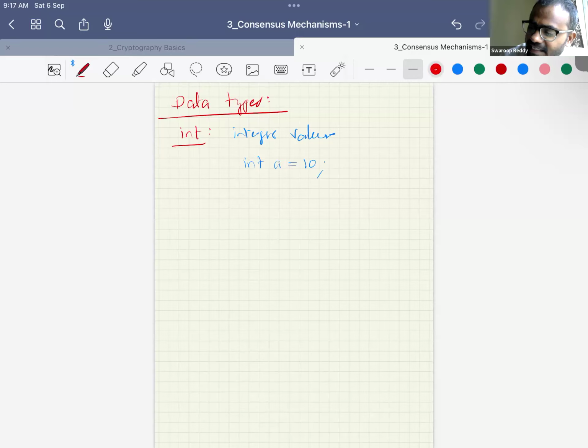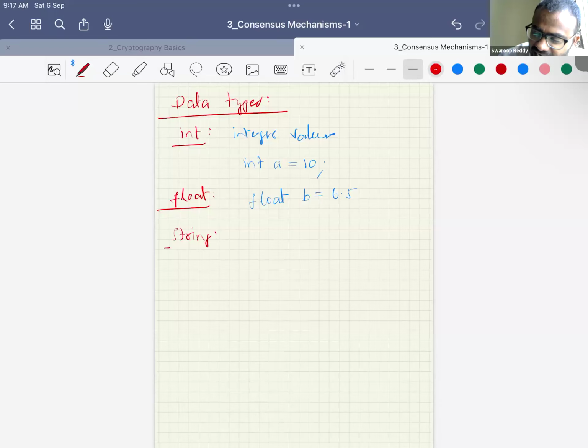Similarly, we have other kinds like float, for example float b = 6.5. It stores fractional values also. And also the character and string.